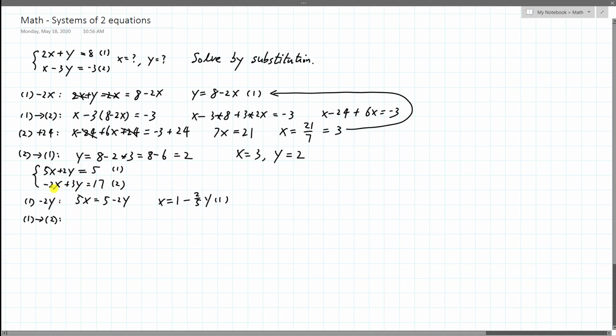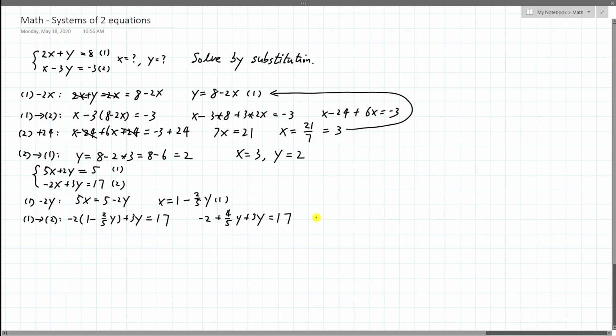My equation 2 will no longer have x. So minus 2 times this whole thing, x, 1 minus 2/5 y, plus 3y equals 17. Alright, so let's distribute the minus 2 inside of the parentheses. Again, minus 2, minus minus plus, 2 is a 4, plus 4/5 y plus 3y equals 17.